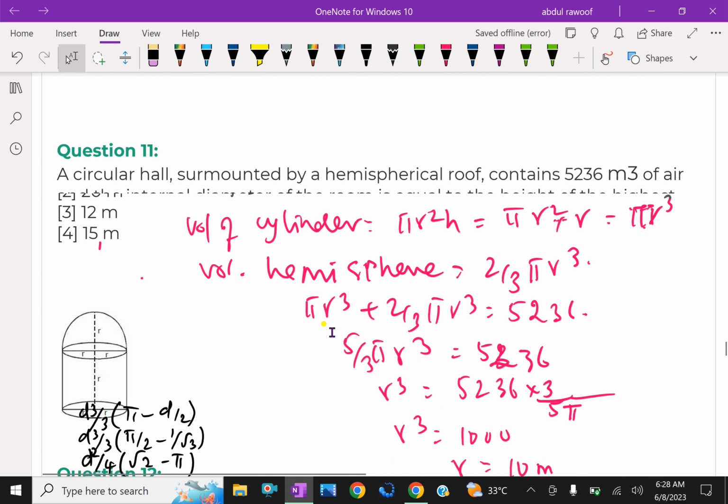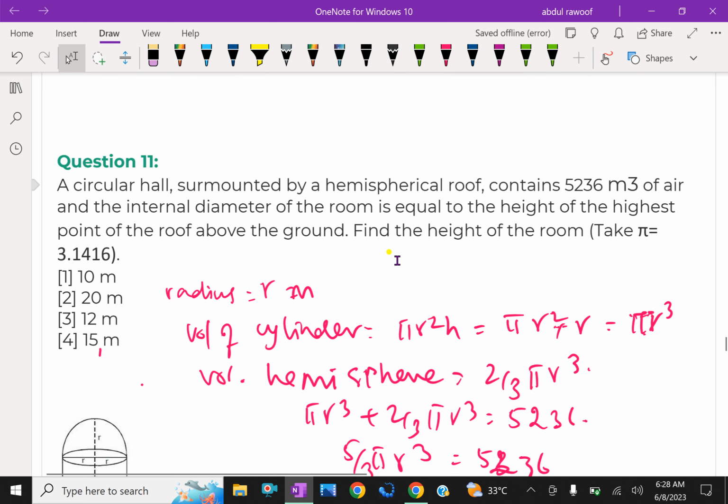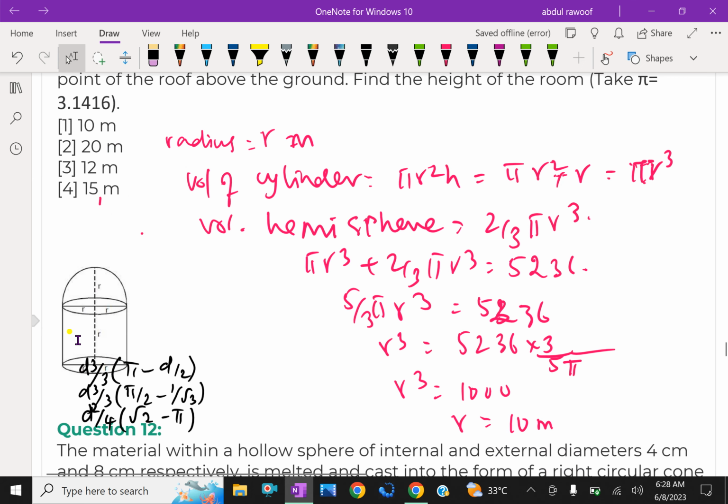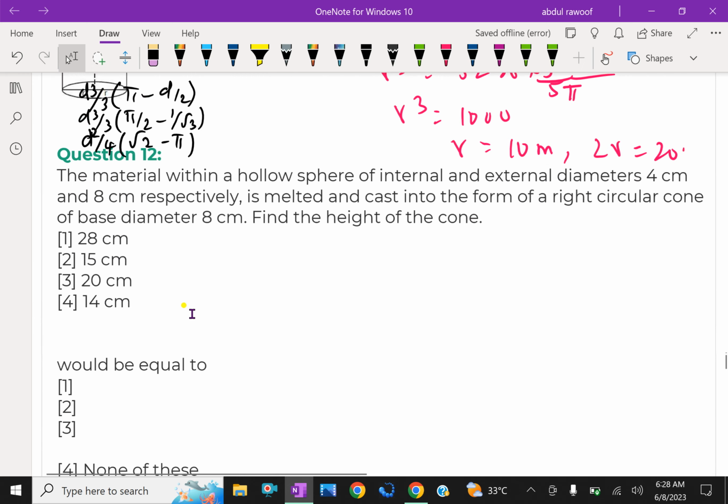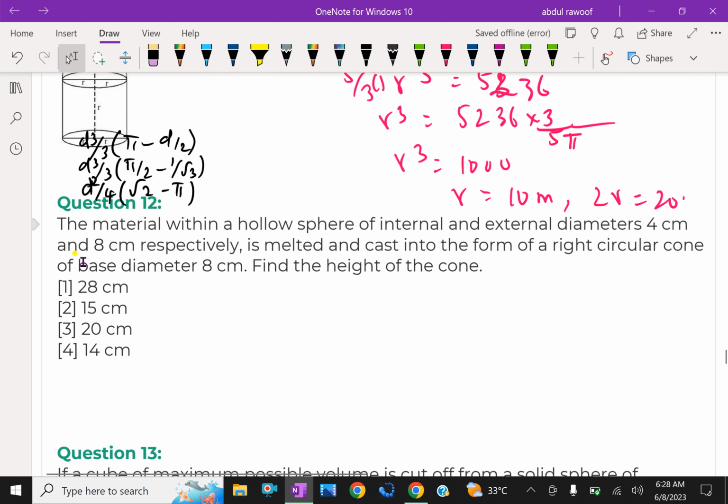We need to find the height of the room. Height of the room is 2r. Therefore, 2r equal to 20.